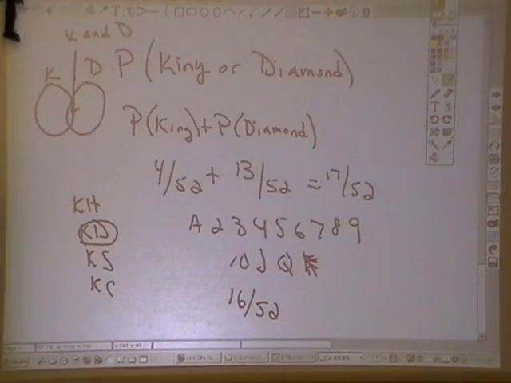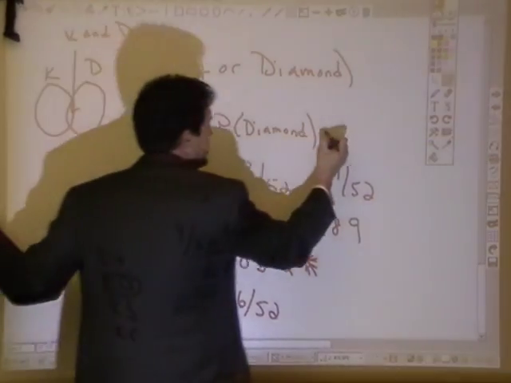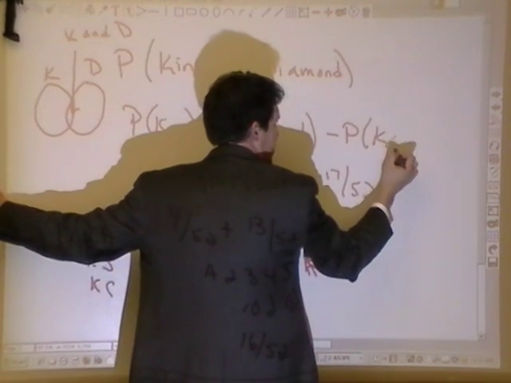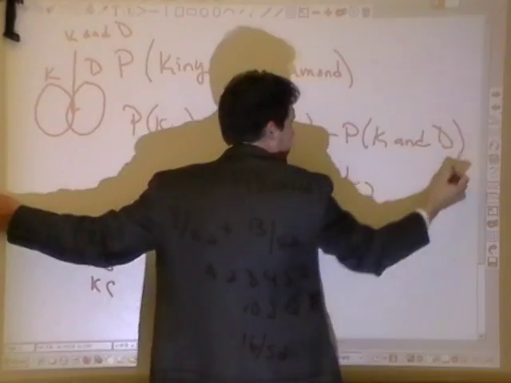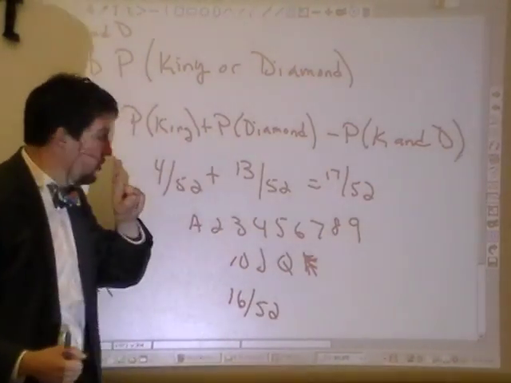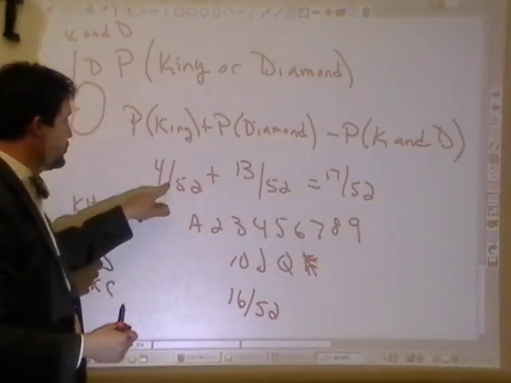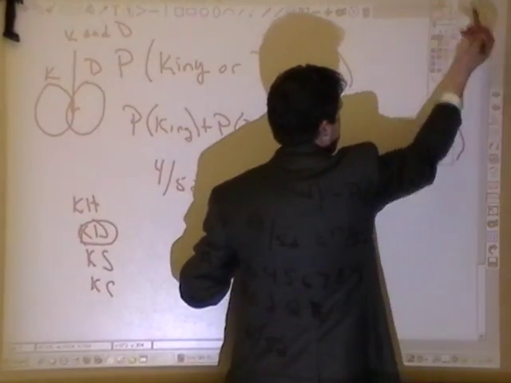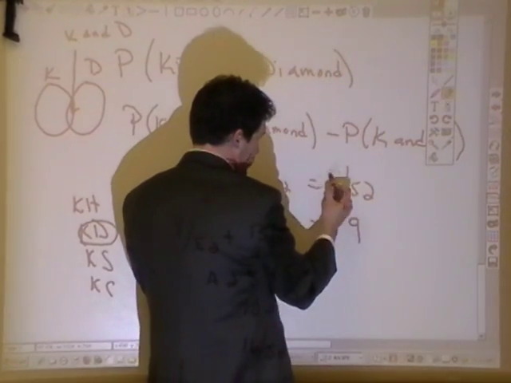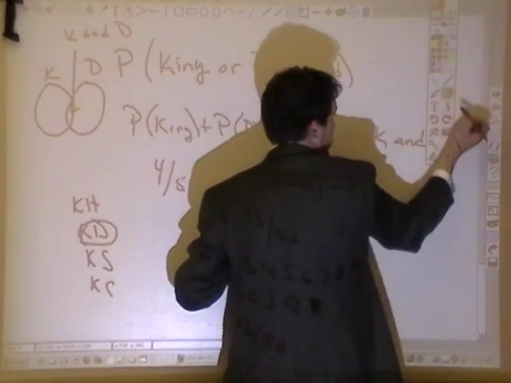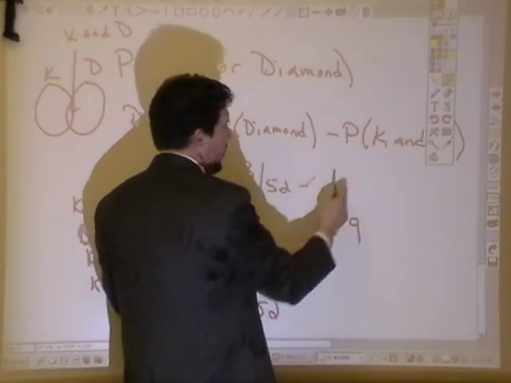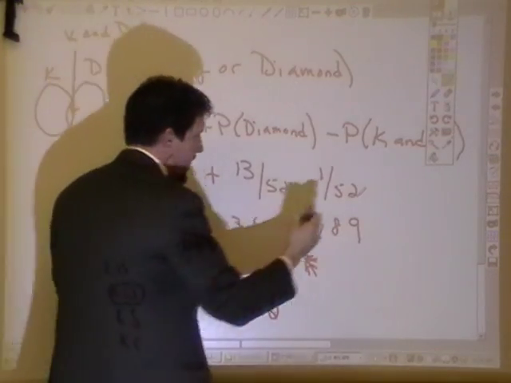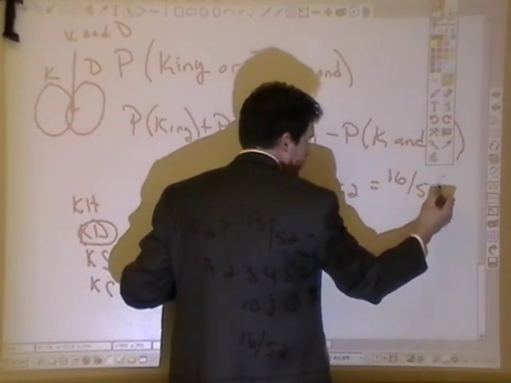So I need to subtract off the probability of getting a king and a diamond, which is 1 out of 52. So I take 4 out of 52 plus 13 out of 52, get rid of this section because we know it is wrong, and instead subtract off that 1 out of 52, the intersection of those two groups, and I get 16 out of 52.